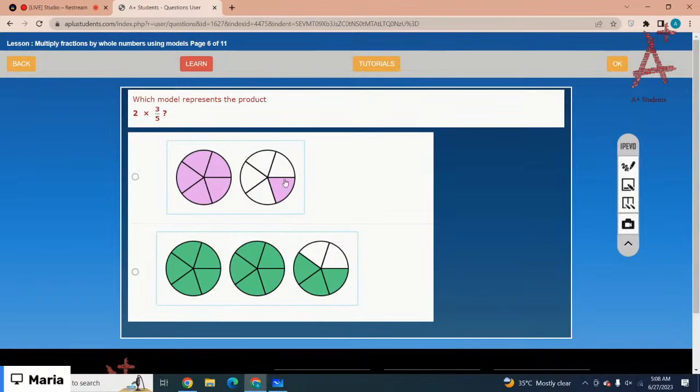Yes, the correct option is option number 1. 3 times 2 is 6. That means 6 of the portions are colored, so it would be 6 over 5.